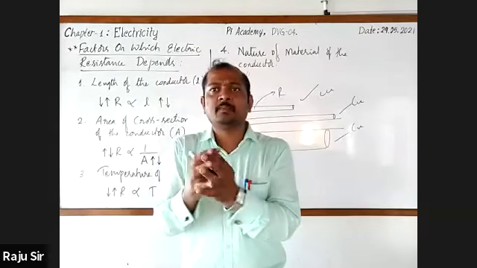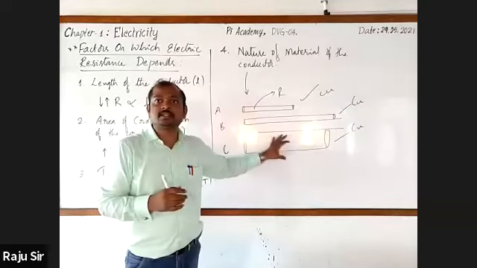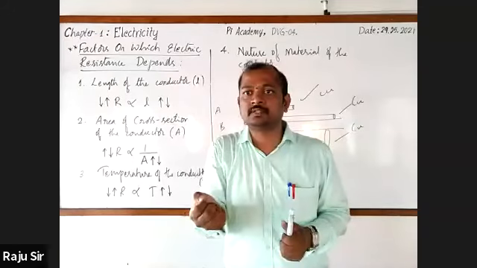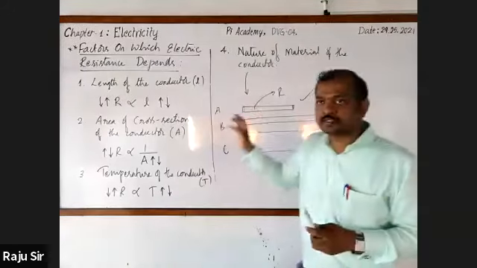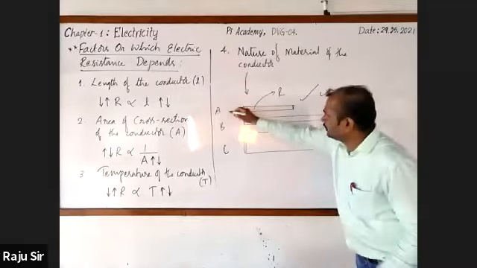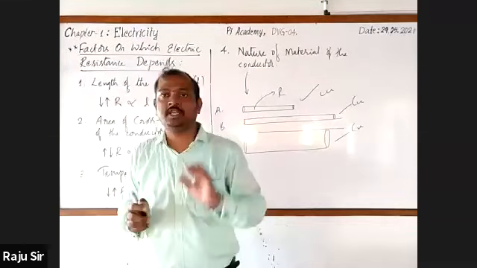They will be packed in the same way, irrespective of the length and thickness. Got it? So this copper has a capacity to oppose the flow of electrons, either it may be A, B, or C. It will not change.